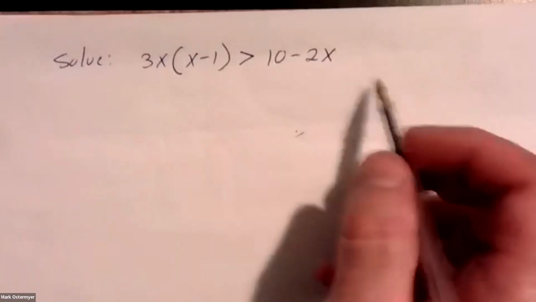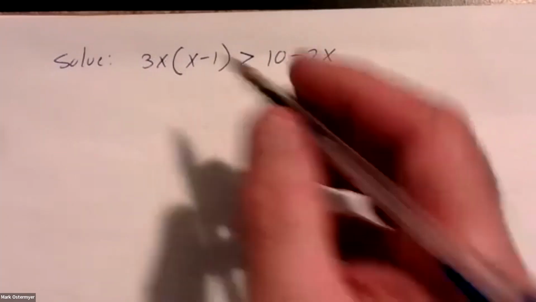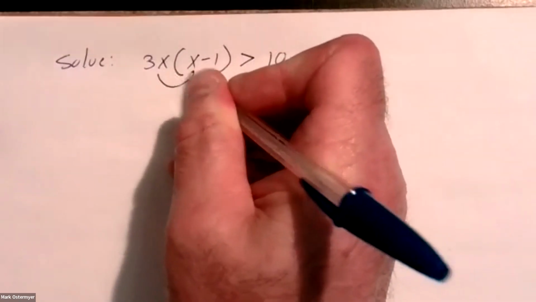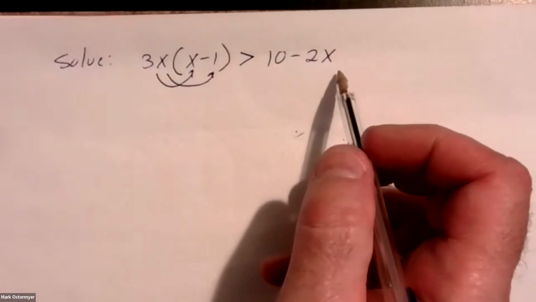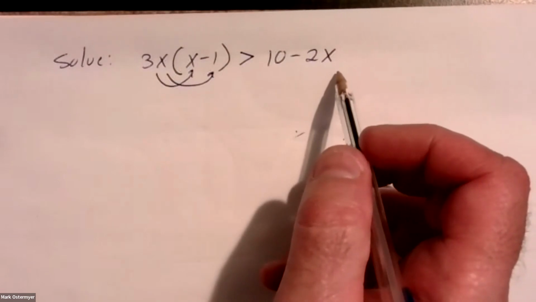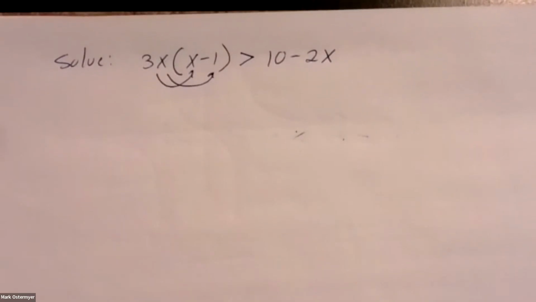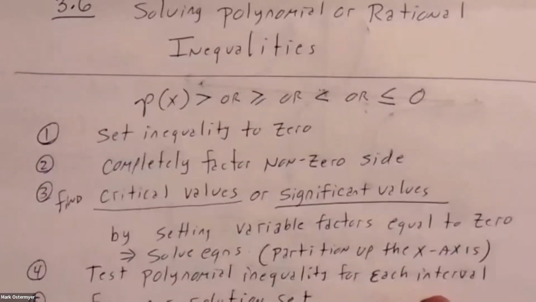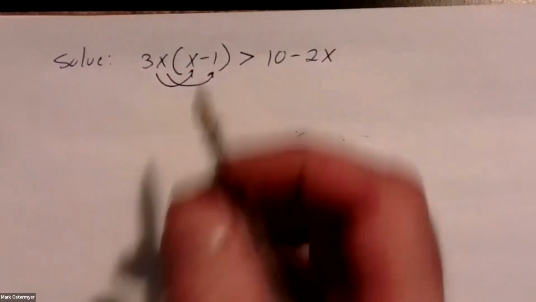All right, so the first thing is we've got to get this set to 0. In moving in that direction, first I'm going to distribute this 3x inside the parentheses. Notice this is not just a linear or first degree inequality. If it was, we wouldn't have to go through any of this that I laid out on this page. We would just solve for x as if we're solving an equation.